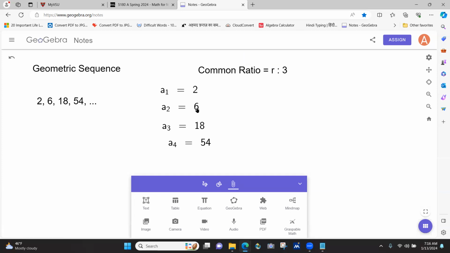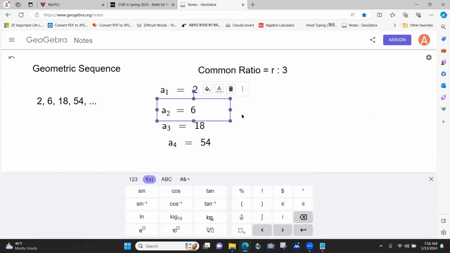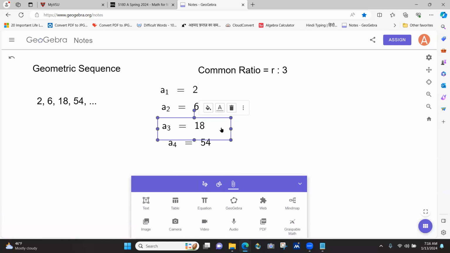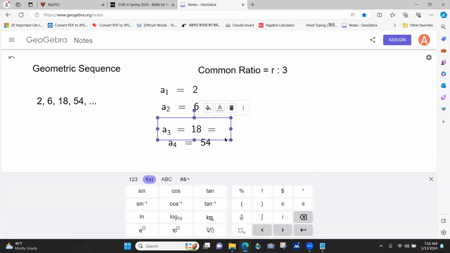Okay, so to find A2, what did I really do? I took my A1, the first term, and multiplied it by the common ratio once. Now to find the third term, I could have taken the second term multiplied by the common ratio R, but my second term is really A1 R, and if I multiply it by R again, it'll be A1 R squared.